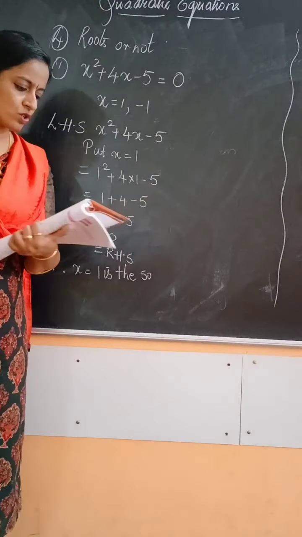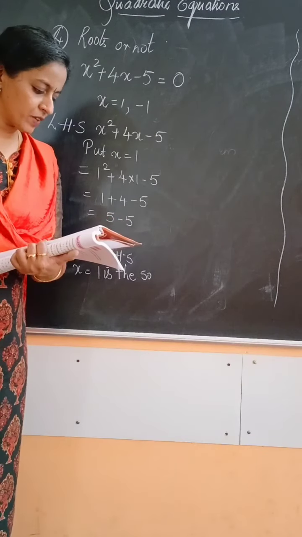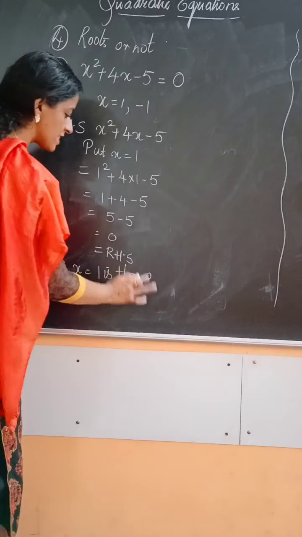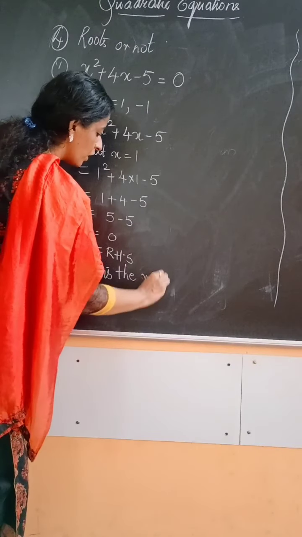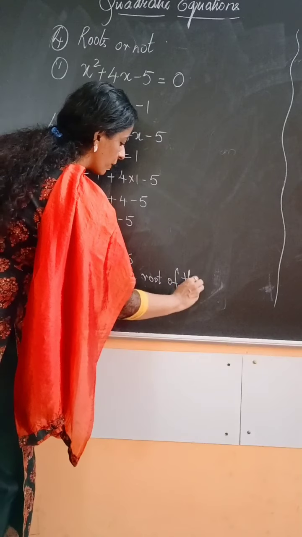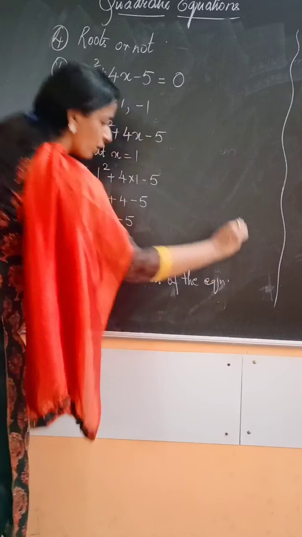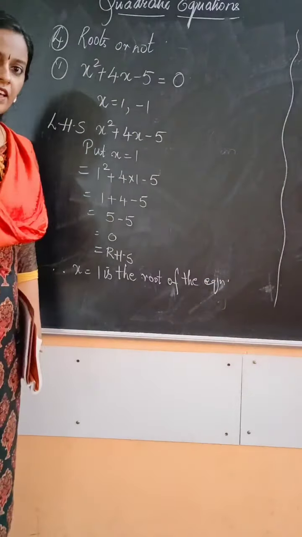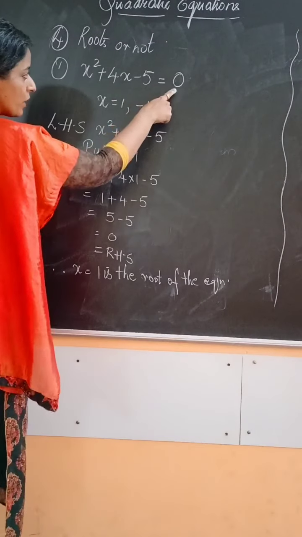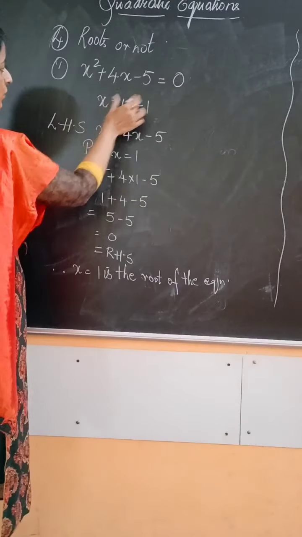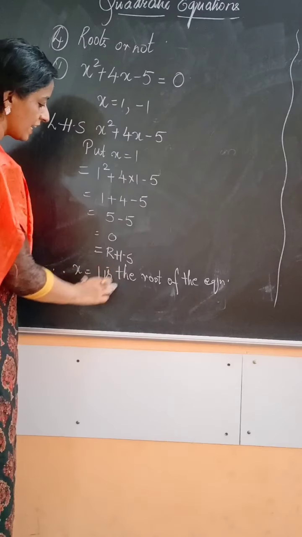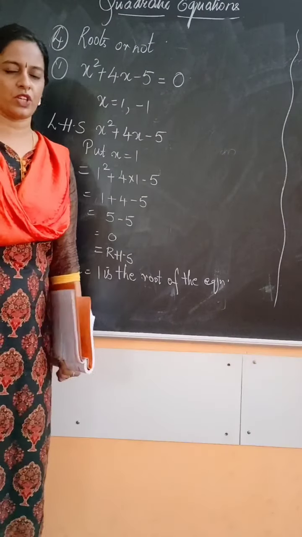In the question they have used solution or root? Yeah, root. So we will write it is the root of the equation. If you put a value and you are getting it equal to RHS, then it is the root of the equation.